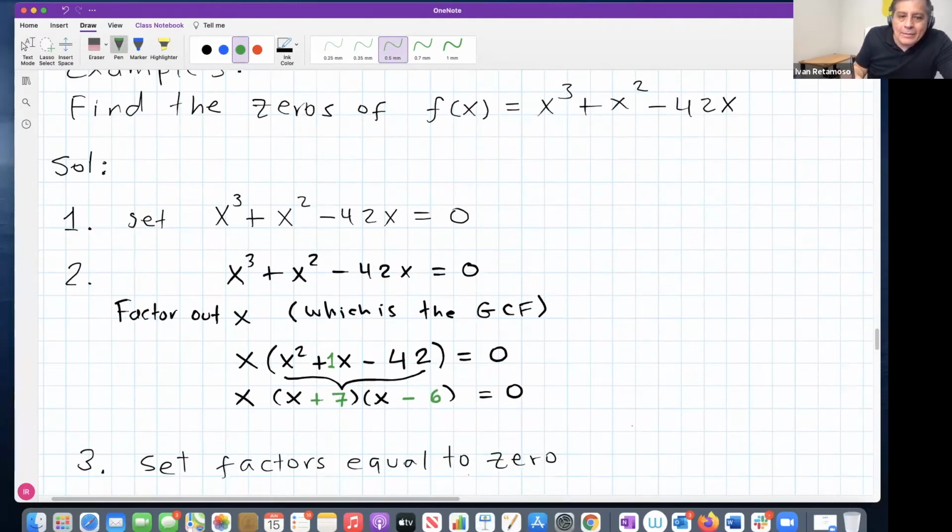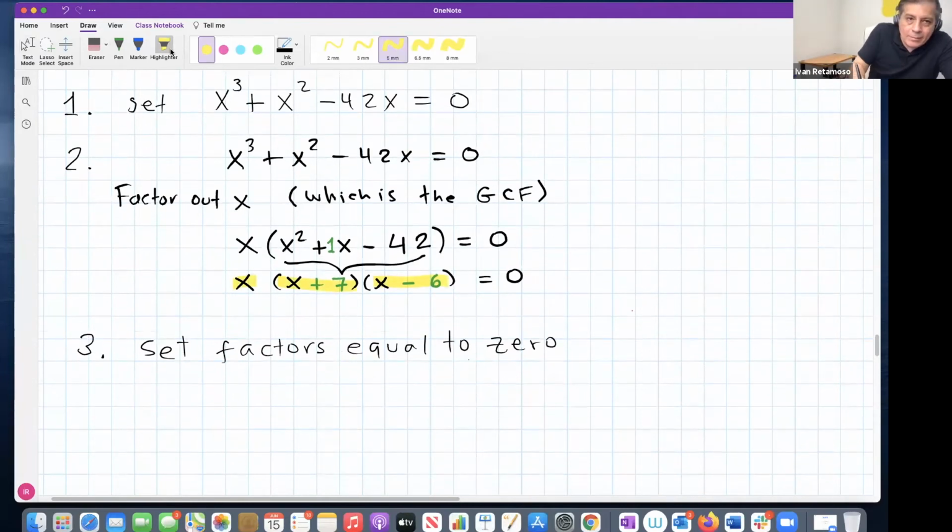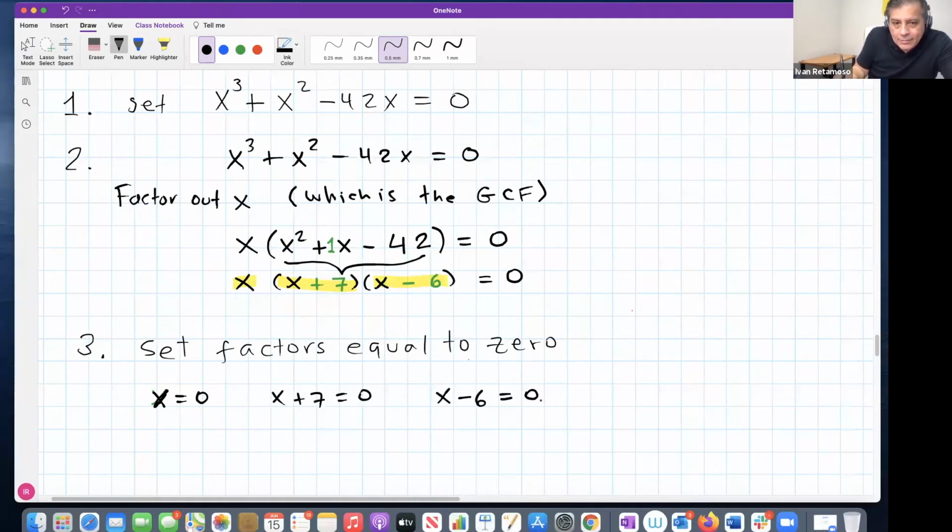Now the third step says set all factors containing the variable equal to 0. Look, this x plus 7, this x minus 6, set them equal to 0. So this is what is next. x equals 0, and you can readily see that you got the first 0. x plus 7 equals 0, and x minus 6 equals 0.